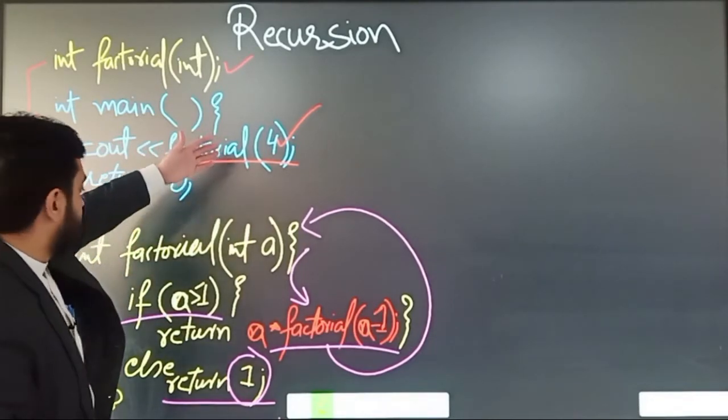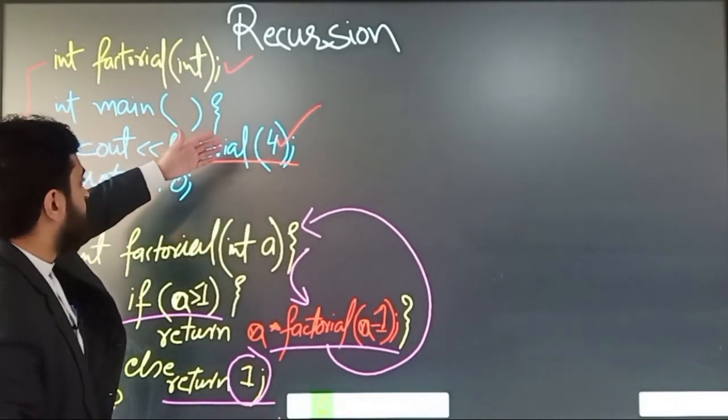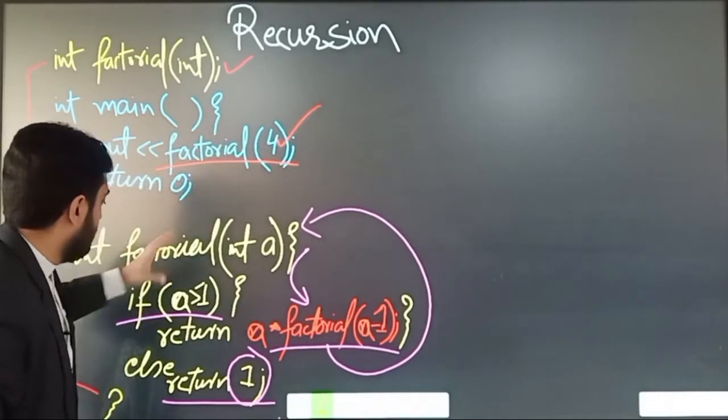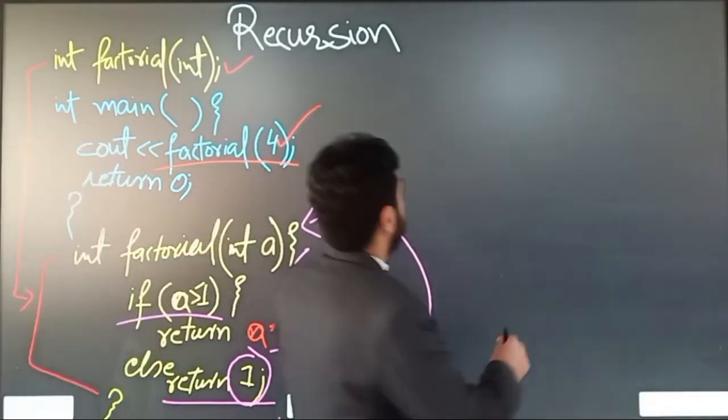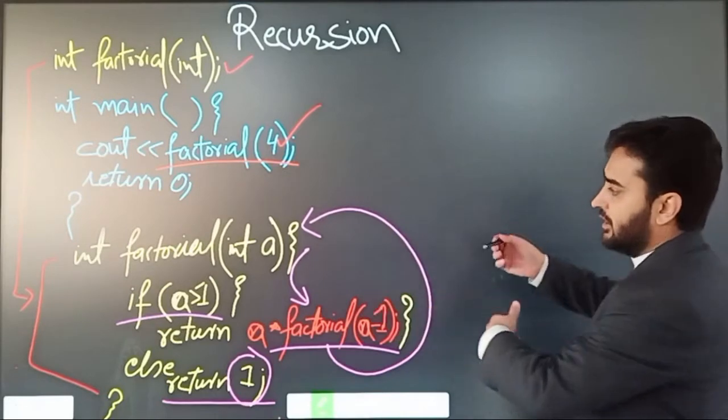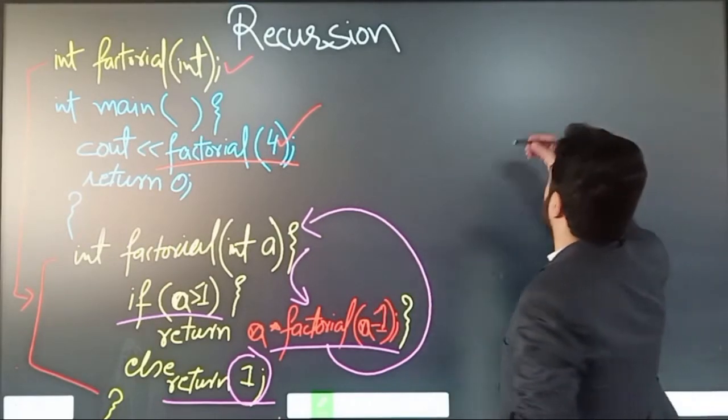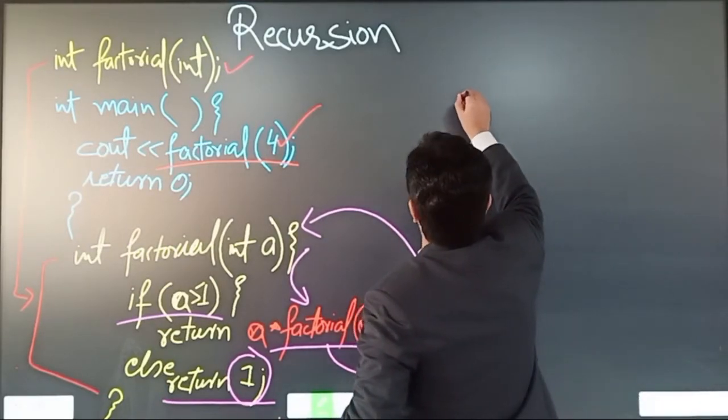Let's check the execution of passing 4 through this function. The factorial function will be called recursively multiple times, so we need to visualize it.